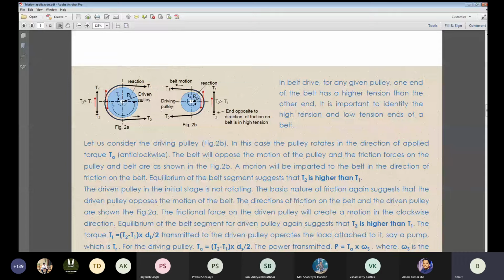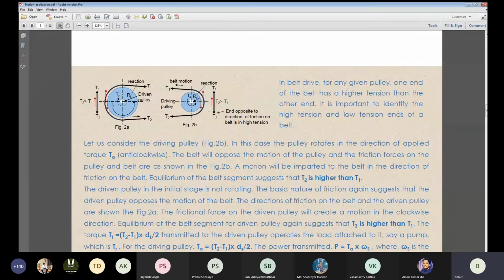This T2 minus T1 into R is actually the applied resistance. I should not say applied resistance. This is the resistance, that this particular torque applied to the driving pulley from some electric motor is coming into picture. So in this particular case, T2 minus T1 into R is the resistive force for this driving pulley.